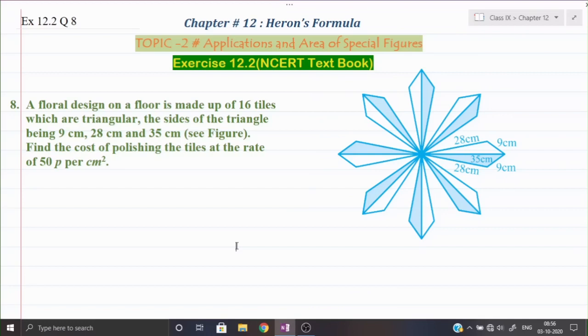We have to find out the cost of polishing the tiles at the rate of 50 paise per centimeter square. Meaning if they are polishing 1 centimeter square area, then they are charging 50 paise. So first of all we shall find out the total area and then multiply it with the rate. For example, you are going to purchase a pen in the market.